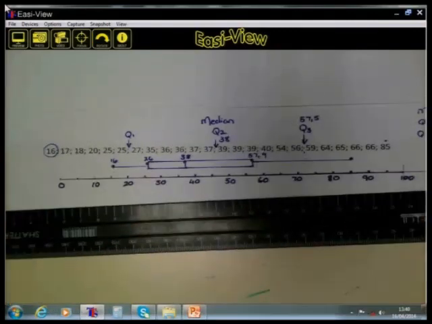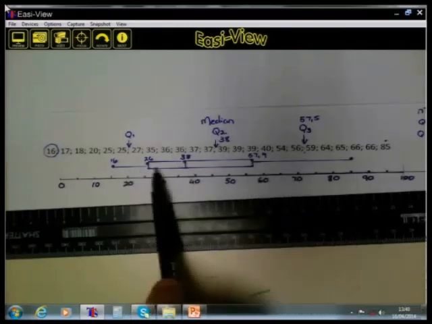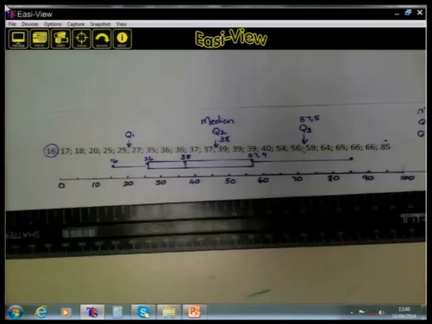Now you will see that although in the beginning I placed the data into 4 equal sets, when we draw our box and whisker, these lines and the 2 boxes are not necessarily every one of them exactly the same shape. What does this mean?